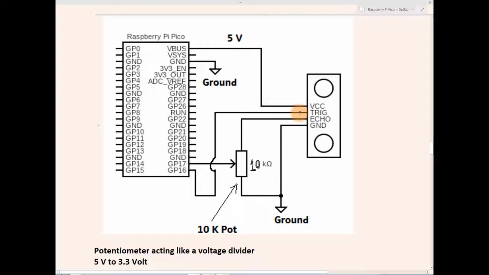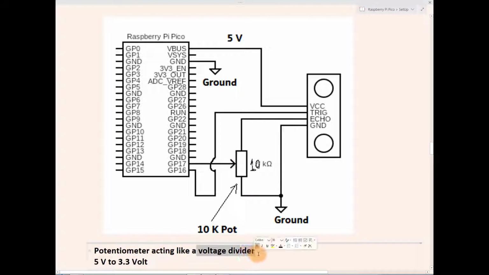Whenever the trigger goes high and the ultrasonic sensor sends the ultrasound waves, in that amount of time the echo pin will be triggered high to 5 volts, and since Raspberry Pi Pico is a 3.3 volt system, we do not want to give this 5 volts directly to GPIO 17 because it can severely damage the Raspberry Pi Pico.